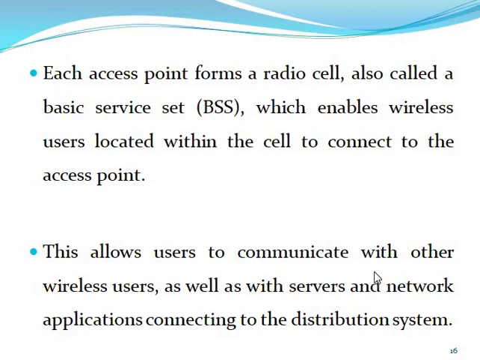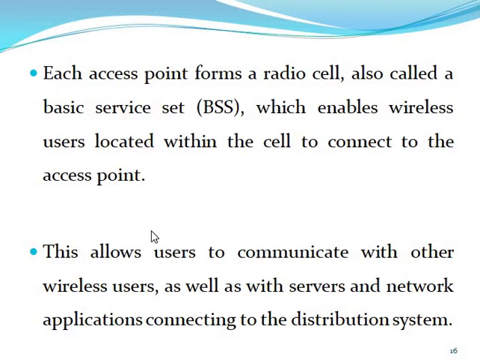Each access point's radio cell is called a basic service set, which enables the wireless user located within a cell to connect to the access point. This allows the user to communicate with other wireless users as well as servers, networks, applications, and the distribution system.